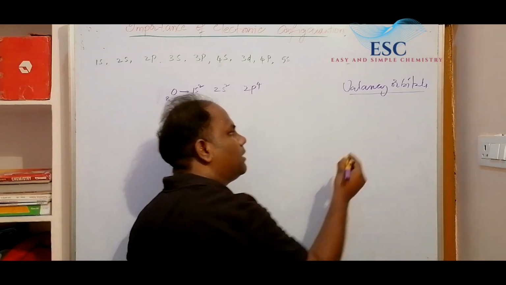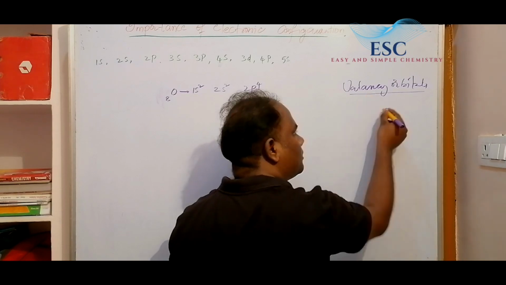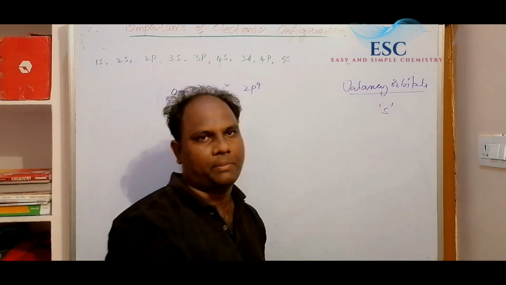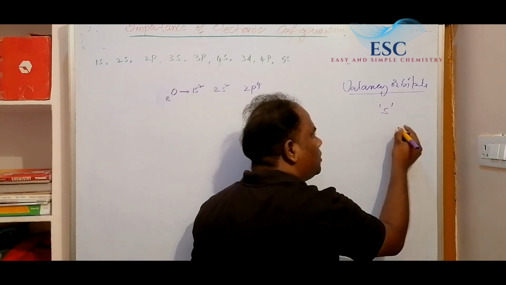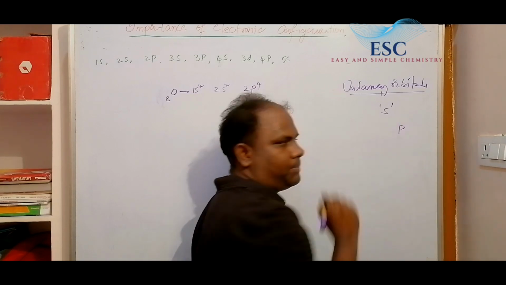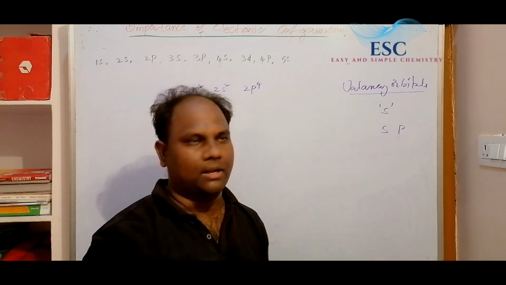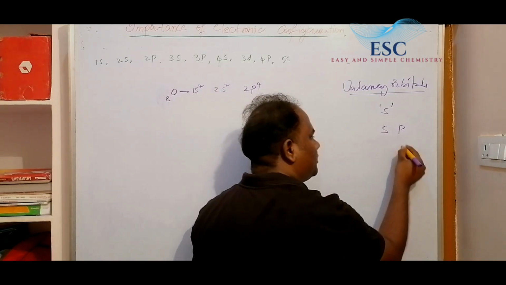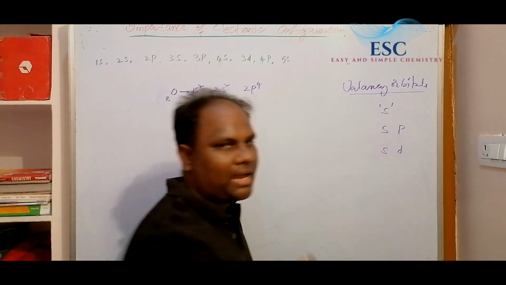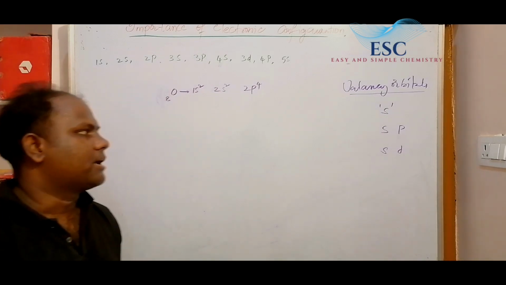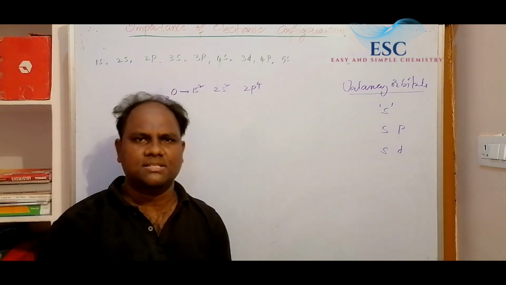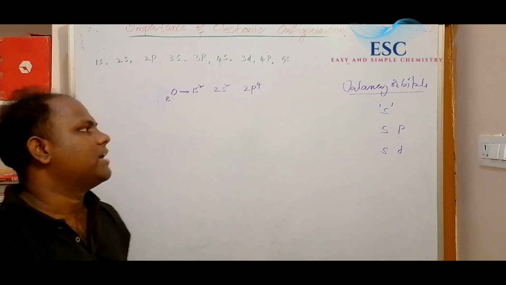If the last orbital ends with p, both s and p act as valency orbitals. If the last orbital ends with d, both s and d act as valency orbitals. That is the easy method to identify the valency orbitals.